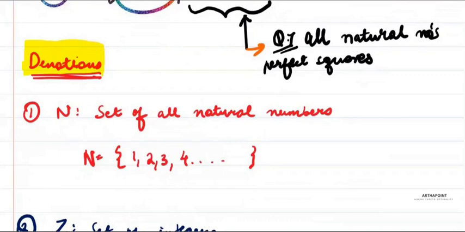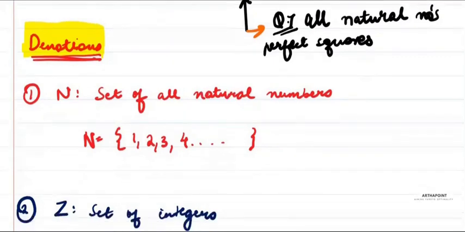Now, the first kind of set that we want to deal with is N. N is usually used to represent any natural number. So the set of natural numbers is represented by N. 1, 2, 3, 4, and so on.